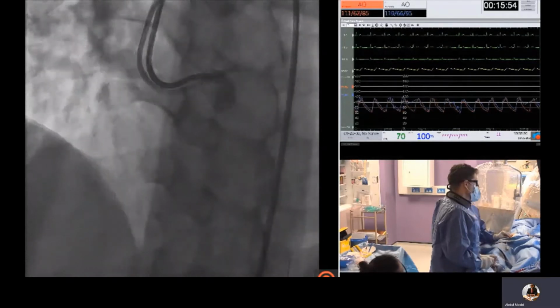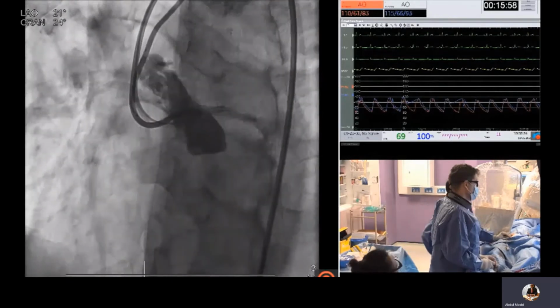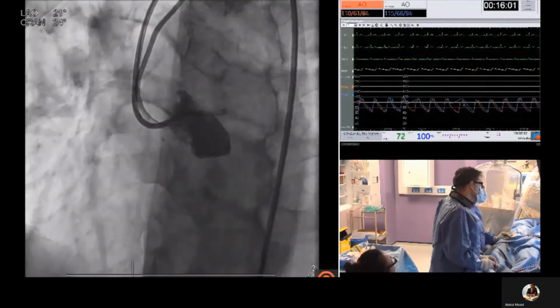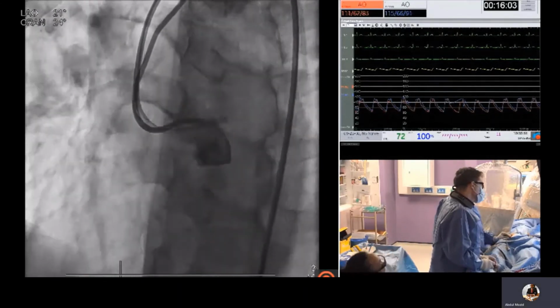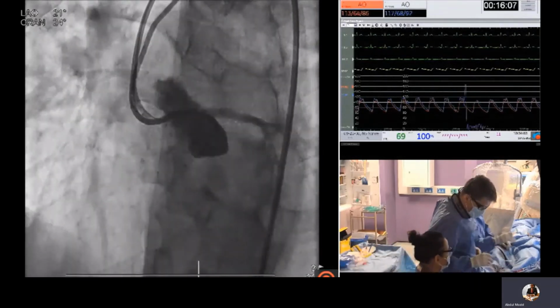So we tried a couple of different catheter shapes and tried to free wire the right coronary in the fishing technique.